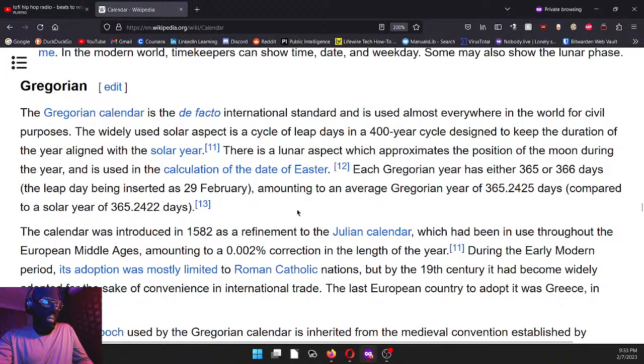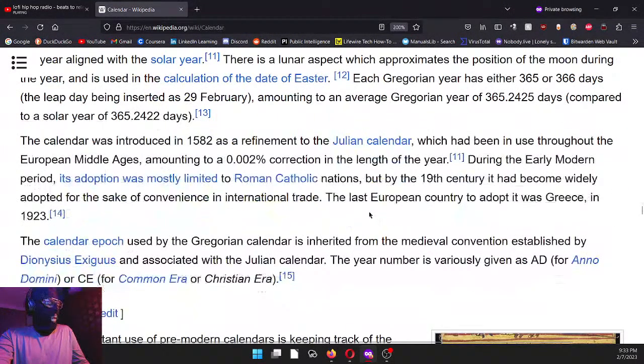It's just a variation when it comes to a day, when it comes to lunar, solar, and all that jazz. The calendar was introduced in 1582 as a refinement to the Julian calendar, which had been in use throughout the European Middle Ages, amounting to a 0.002% correction in the length of the year.